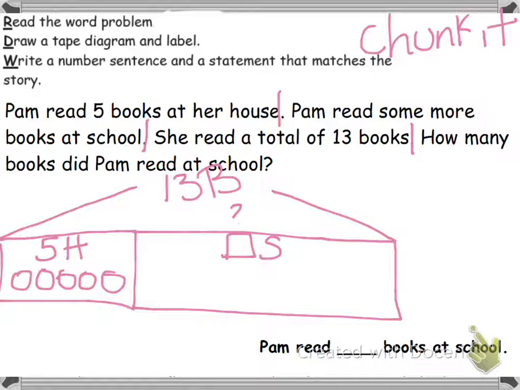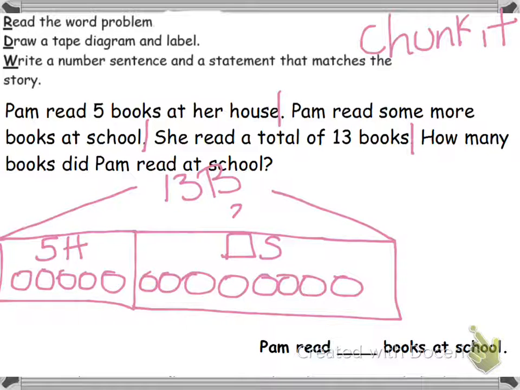So now, what we're going to do is we're just going to count on. We know there's 5 right here. Now we're just going to count on until we get to 13. So 5, 6, 7, 8, 9, 10, 11, 12, 13.